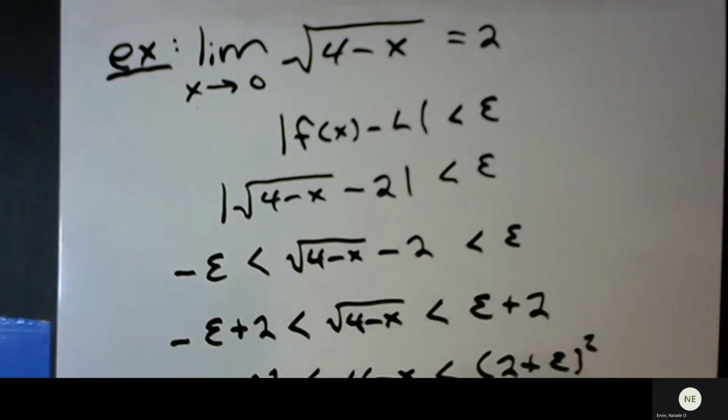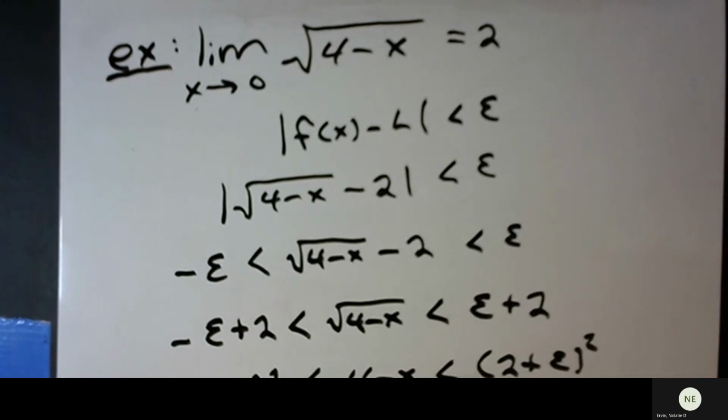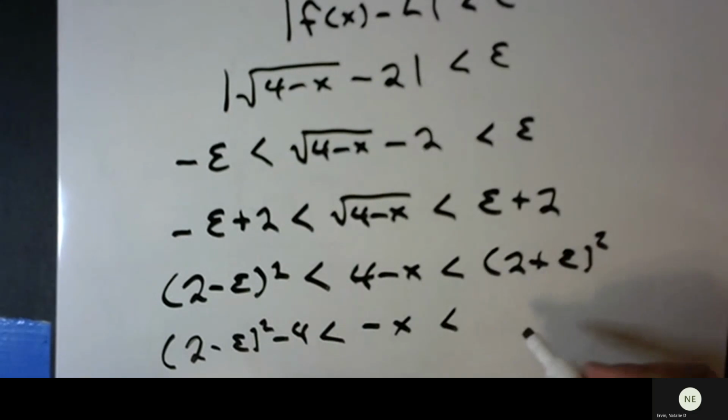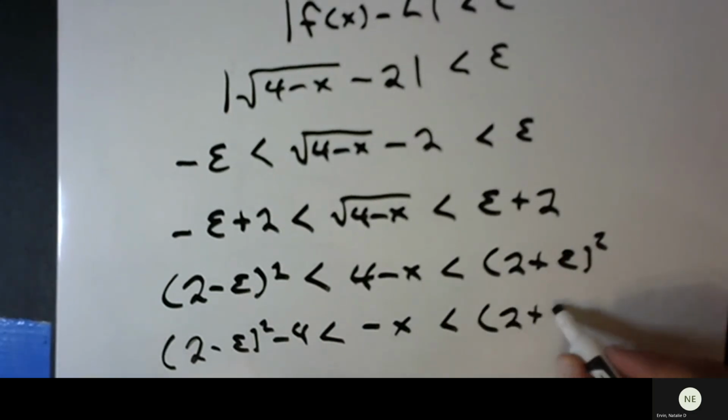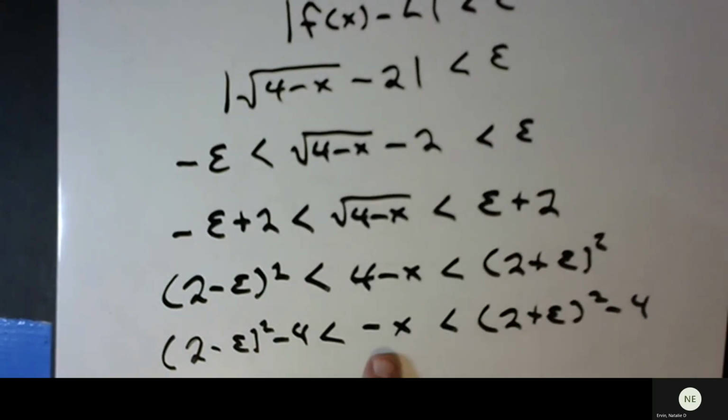Now this is a little tricky. We can multiply through by -1 because this is going to be problematic. Let me subtract 4 from both sides first, which might look a little strange. What I'm going to do is I'm going to solve for x.